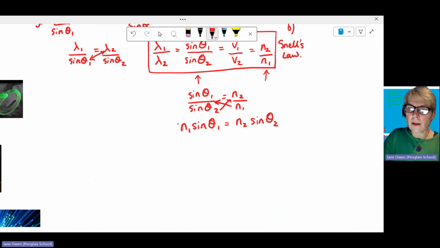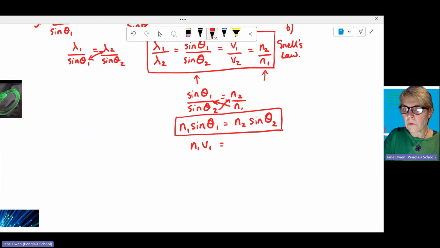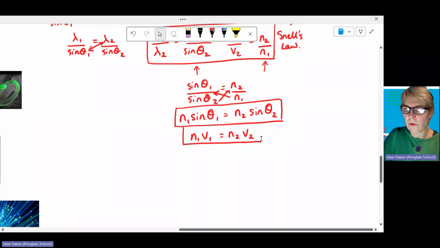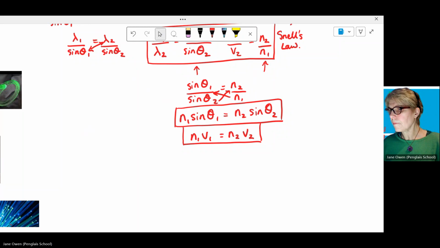That is another way of looking at Snell's law, and it is in harmony with n1 v1 equals n2 v2. So it depends whether we've got our angles, our velocities, or our wavelengths, and how you want to express that. Remember, it is reversible and can go in the other direction.